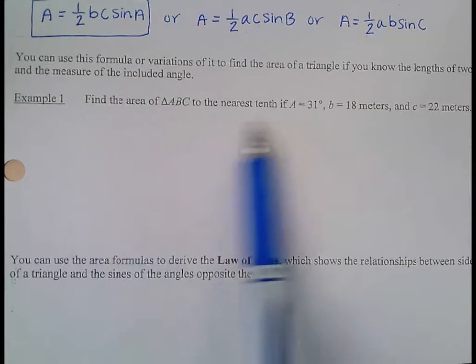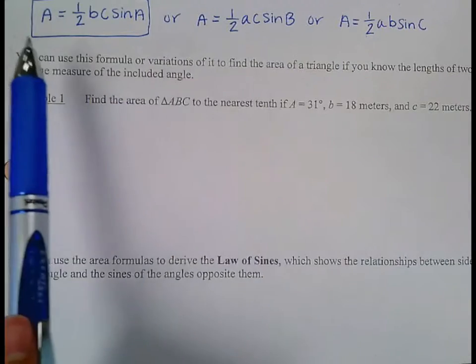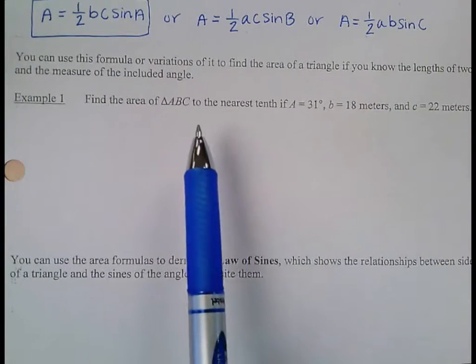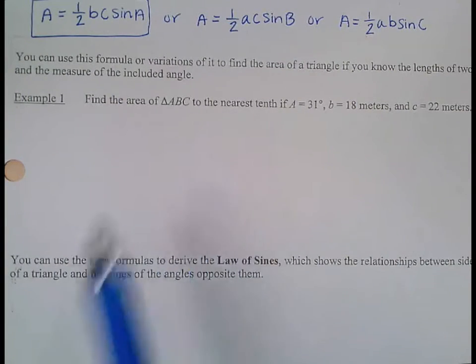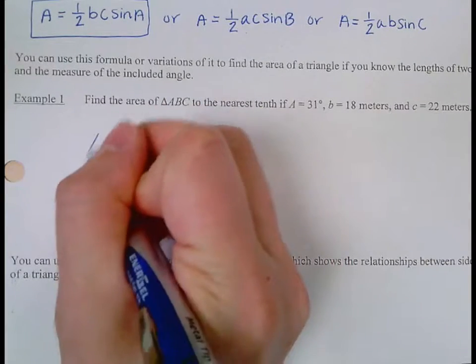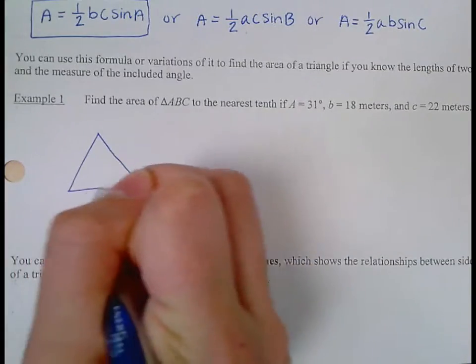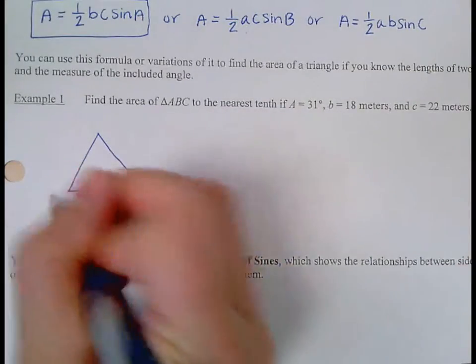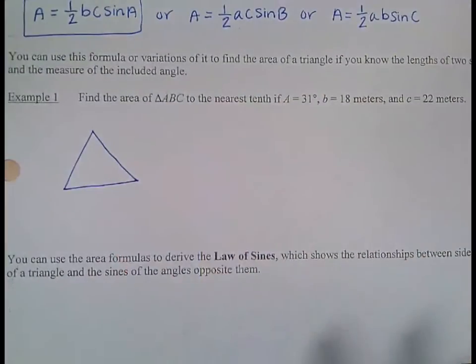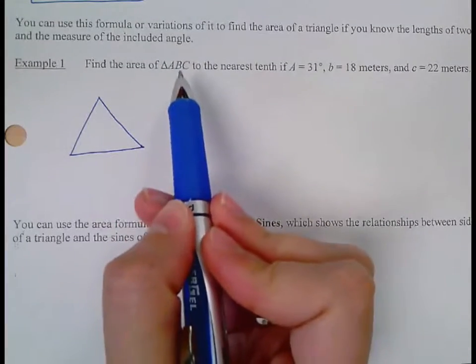I realize this is in terms of A, B, and C. You could just use one of these formulas, but I'm actually going to sketch out the triangle so you can see how to work through it without having to memorize a formula. And in case your triangle is not in terms of A, B, and C, you would know what to do. So I'm just going to draw any triangle and label it. Remember, this goes back to some properties from geometry.